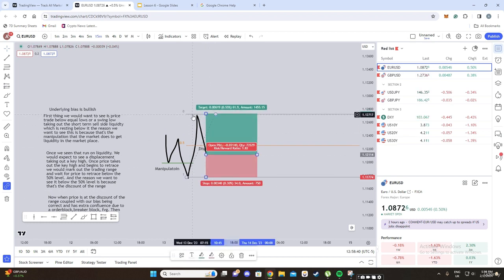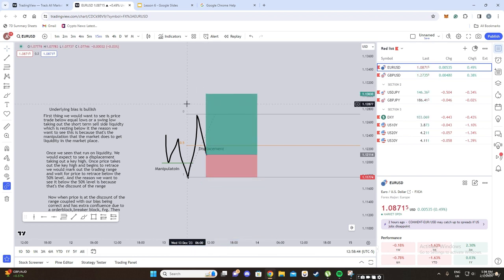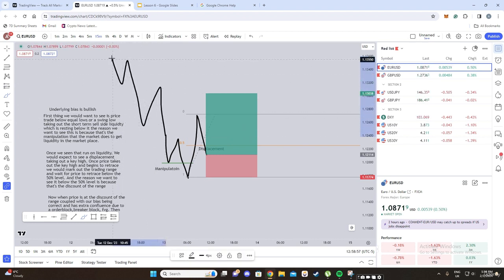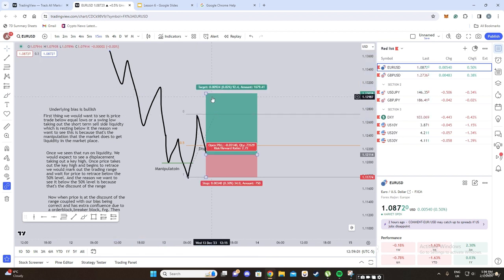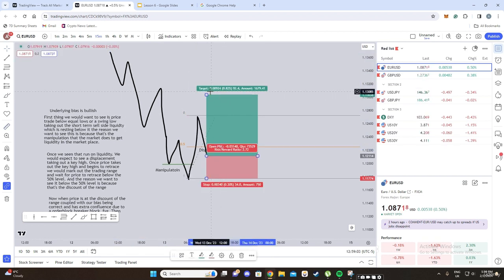First target would be above this high, then you'd look for resting buy side liquidity to the left of the chart and target the lowest one after this high. So if it looked like this, and you saw price take out this high, you wouldn't close the whole position straight away.